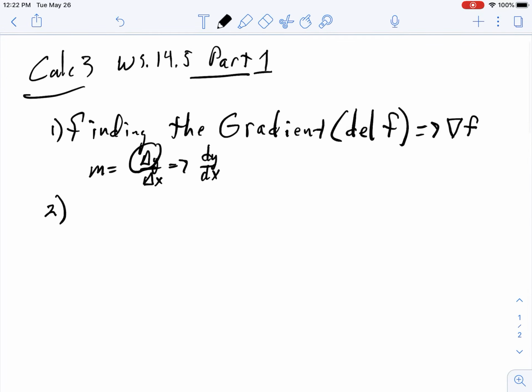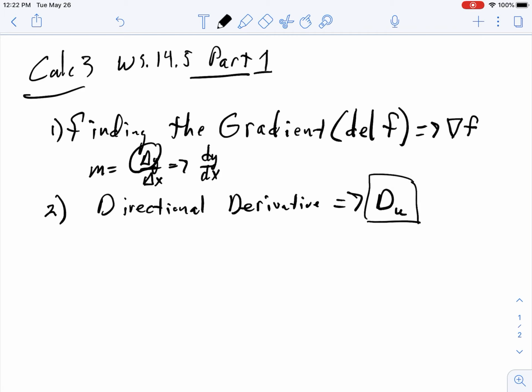Now the other thing we're going to get into on this part 1 is called the directional derivative. The notation for this is D sub u. If you look at how this is represented, it's awfully close to a unit vector, because that's how we've been writing our unit vectors.